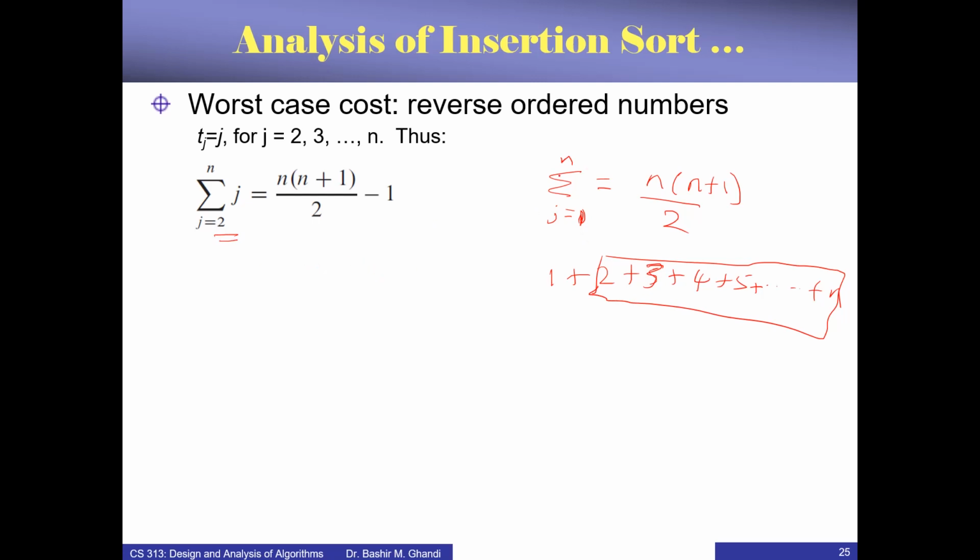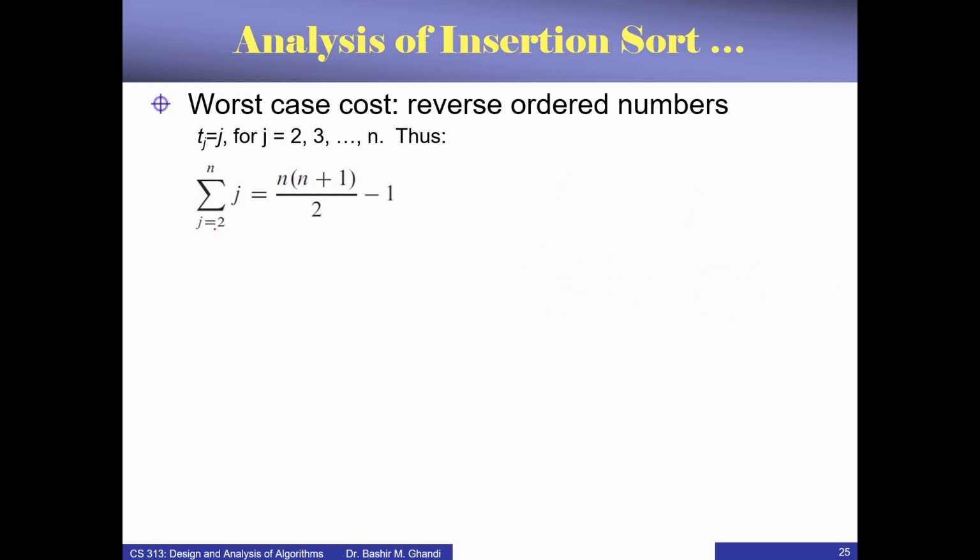And therefore, if this from 1 is this formula, this from 2 is simply the same formula but minus 1. This is why we have minus 1 here. So summation of j from 2 to n is this formula minus 1, because we started from 2, not from 1.